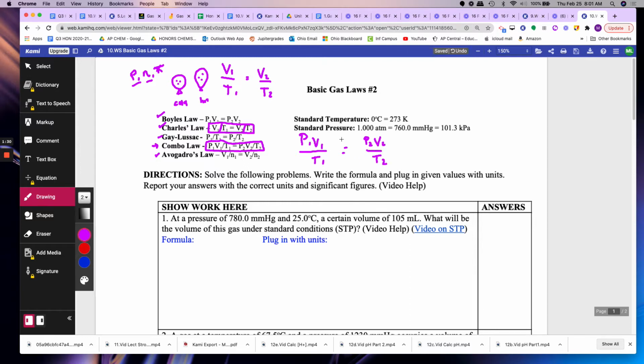Notice that the numerator just looks like Boyle's law and the denominator looks like Charles' law and Gay-Lussac's law. So they just combined them together, not including Avogadro. So also we're adding the standard temperature and standard pressure. And again, they use these if they want to compare data.